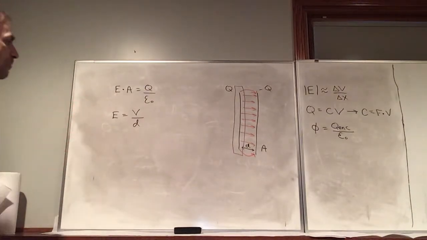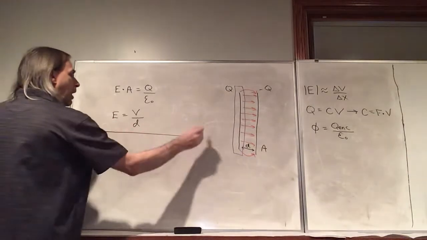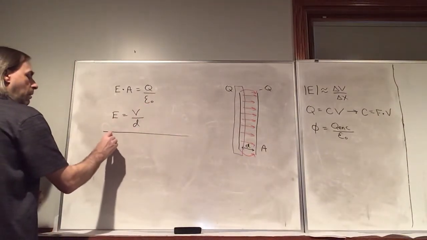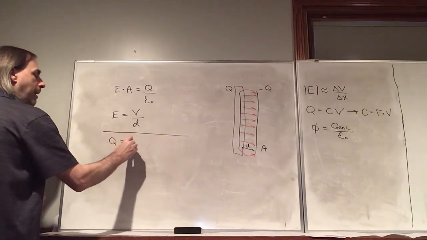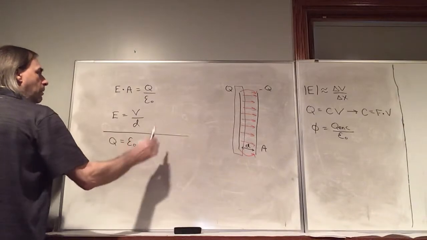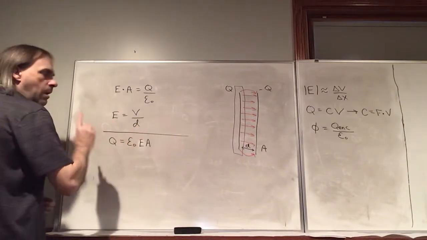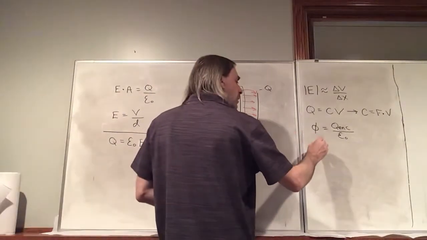And so now we just have to put these together, which is straightforward. We have Q equals epsilon naught E times A. I'm going to write down epsilon naught while we're at it.